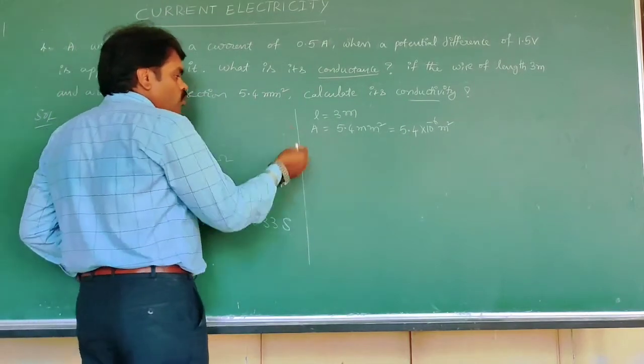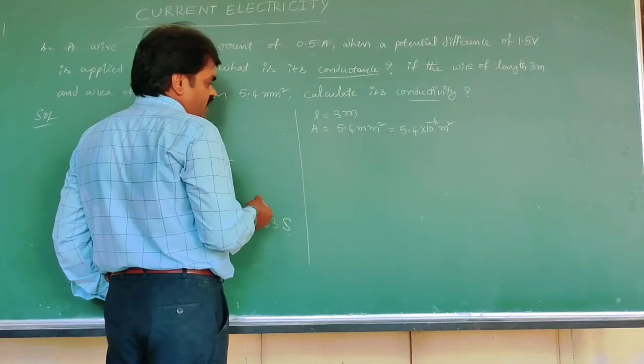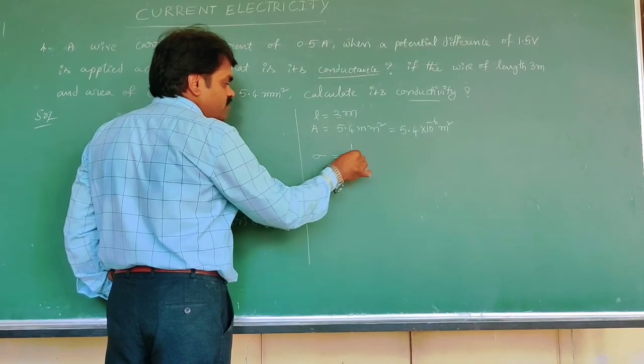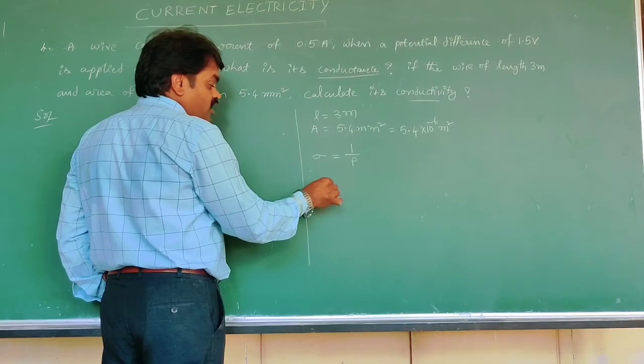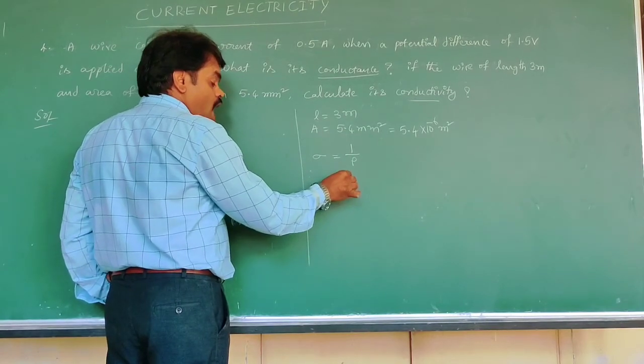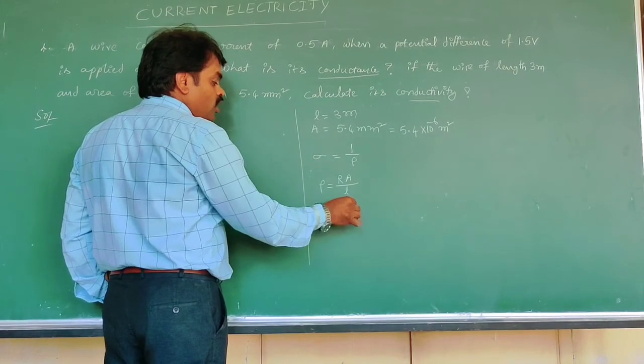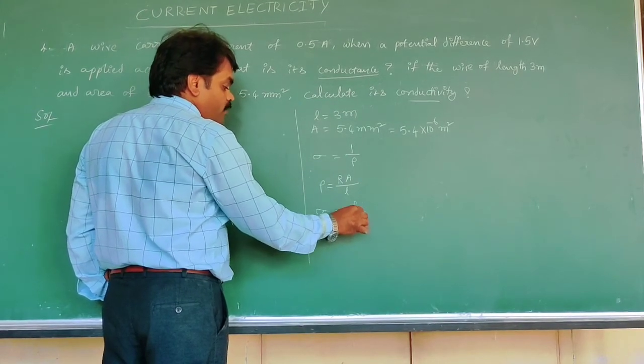Now we want the conductivity. Conductivity is the reciprocal of the resistivity. We know resistivity rho is equal to RA by L. Then conductivity is equal to L by RA.